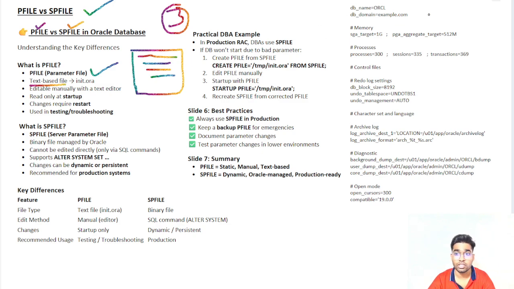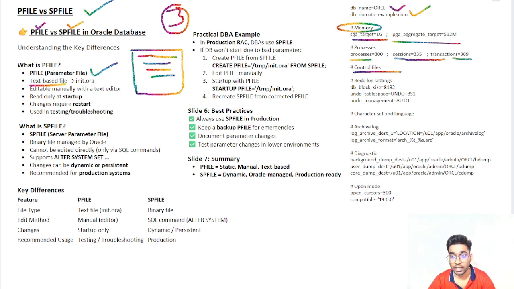It will consist of the database name, DB domain, and things about the instance, SGA target, PGA aggregate target, processes, sessions, transactions, and the control files locations, and redo log settings like DB block size, undo tablespace equals the undo tablespace name.